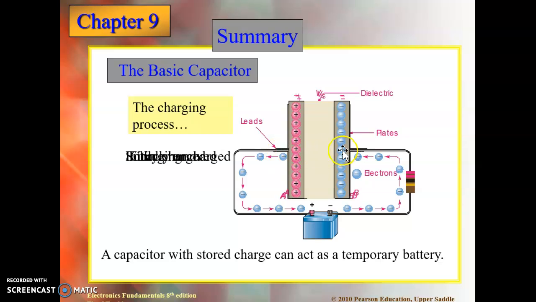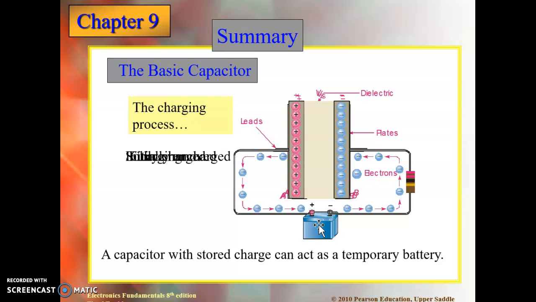Electricity is going to flow through it for a specific time, depending on how fast or slow this capacitor can charge. It starts slowing down as the charge builds up. Once the charge is built up, the charge of the capacitor is going to be the same value as the battery it is connected to.